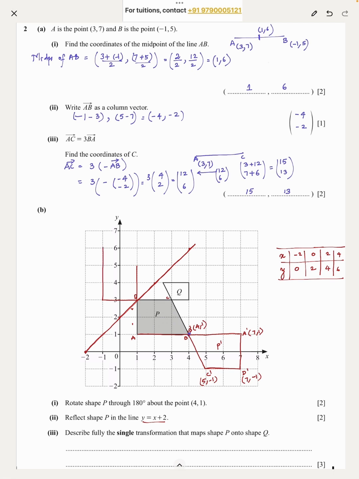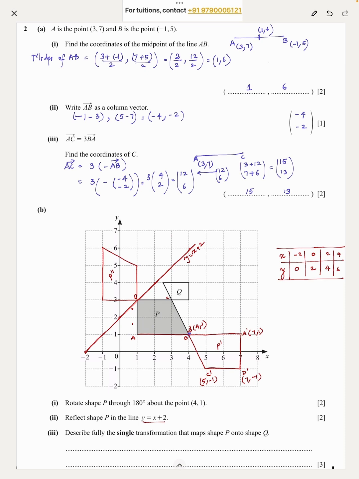And this B to C goes diagonally. So reflect shape P in the line y is equal to x plus 2. So let us name this line y is equal to x plus 2. Yeah, and let's name it as P double dash. And they never asked to do that, but I'm just doing it. Fine. So if you are not confident enough, do it with a trace paper.